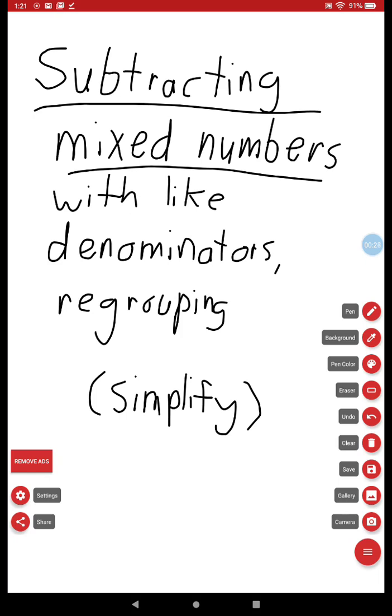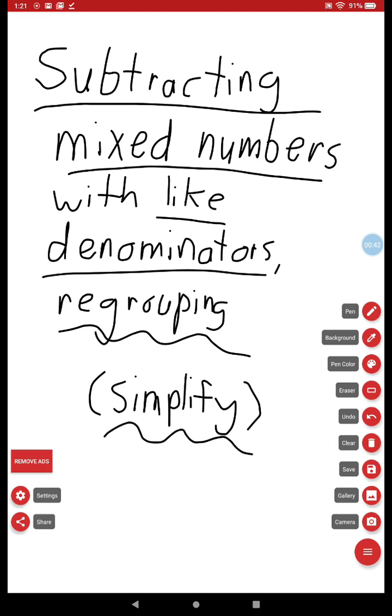They're still going to have like denominators, just like earlier this week. Now, though, we're going to take the idea of regrouping, like what we practiced yesterday, and also add one new element, which is simplify. We are going to have to simplify every single problem today.